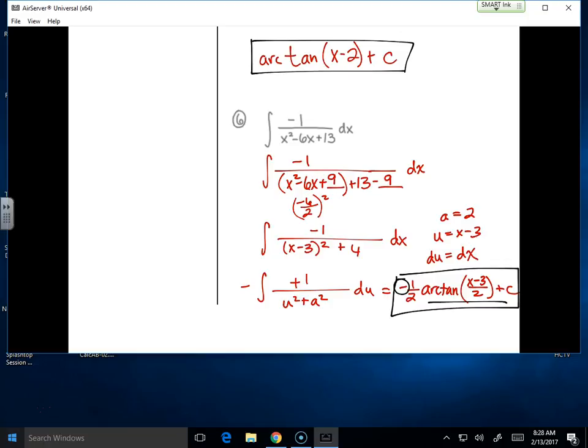Which is kind of weird if you think about it. So I don't know, take it or leave it. I just want to make that quick note: technically we could go to arc cotangent because of that negative. However, that's not what I have seen the AP do. They usually stick to arc sine, arc tangent, or arc secant. So I'll write the arc cotangent one just so we know, but that's not for you guys to necessarily stress about.